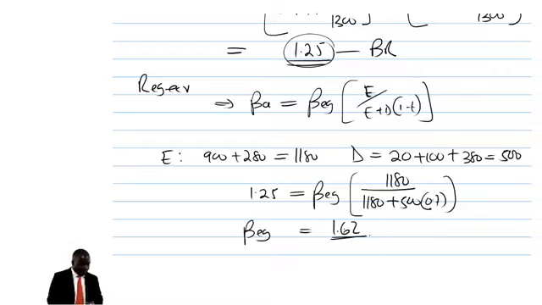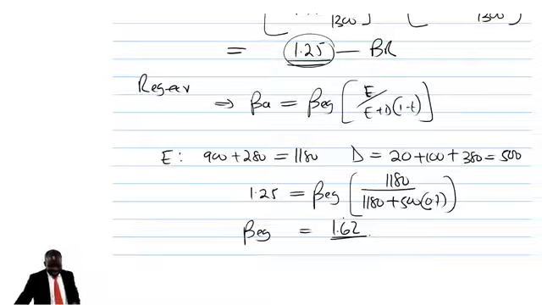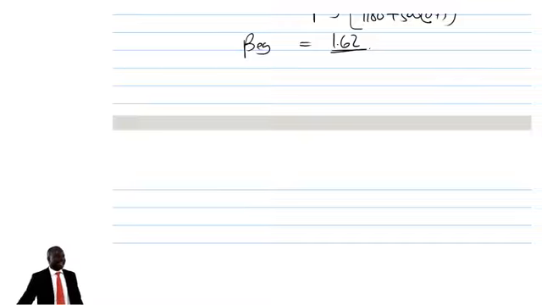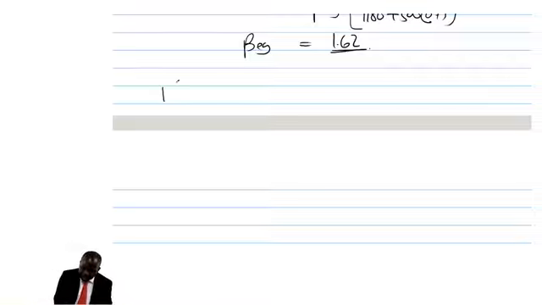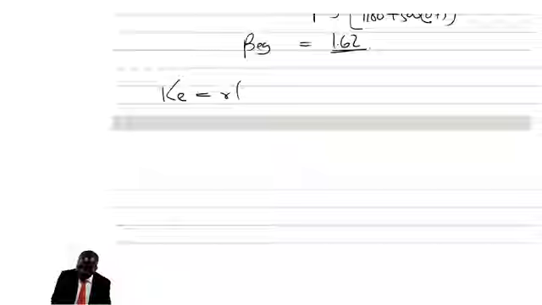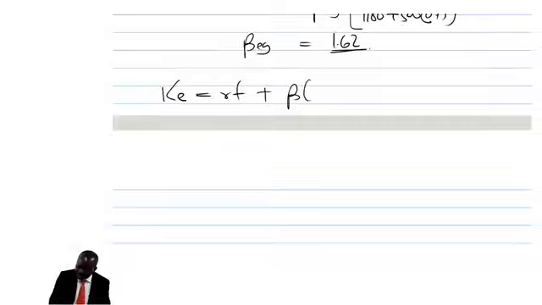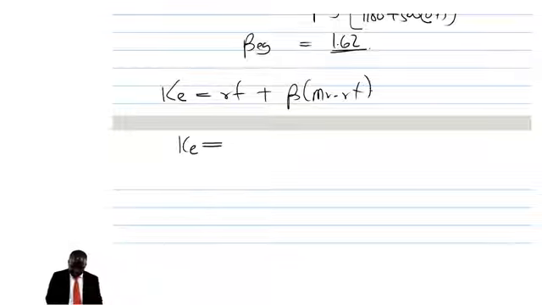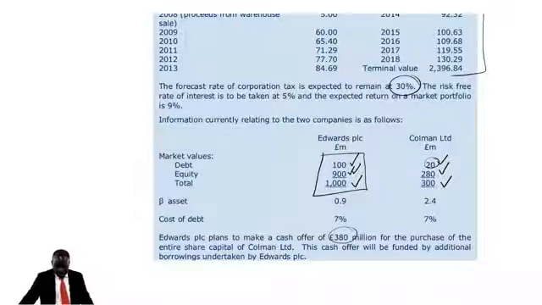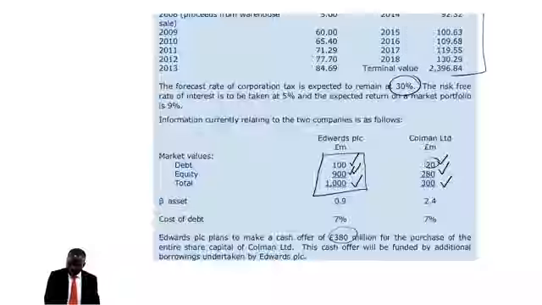So if I've got 1.62, this is the geared beta. My next stage is I put it in the CAPM, and finally I put it in the WACC. So CAPM says risk-free plus the beta times market return minus the risk-free. What is the risk-free rate? You go to the question. The question said risk-free rate is 5%, market return is 9%.